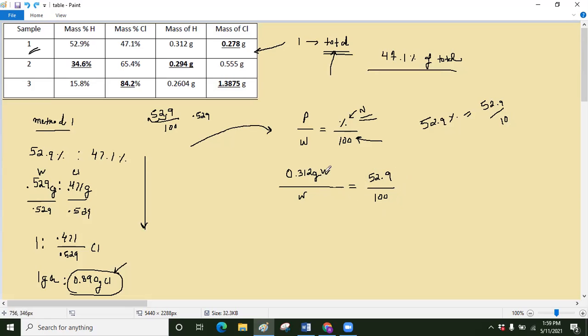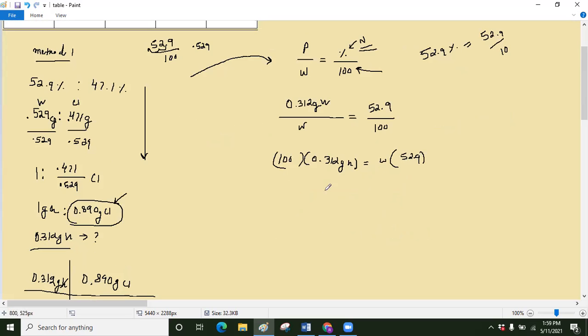And so what you do here, you have a proportion, and the famous rule for proportions is that if they are a true and valid proportion, then you could cross multiply. So in this case, you could do 100 multiplied by 0.312 grams of hydrogen equals, and of course, multiply here, W multiplied by 52.9.